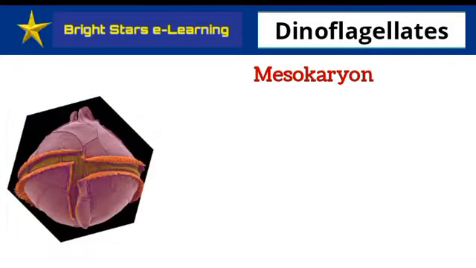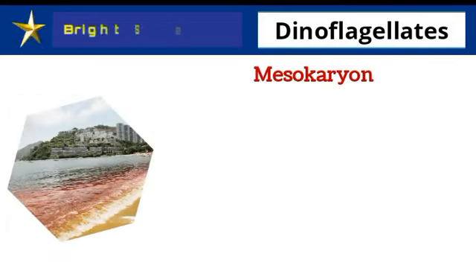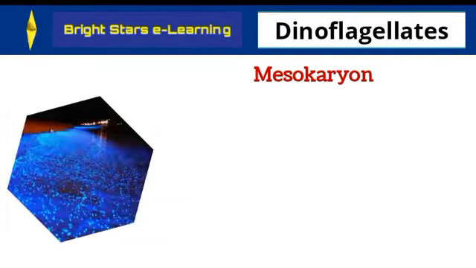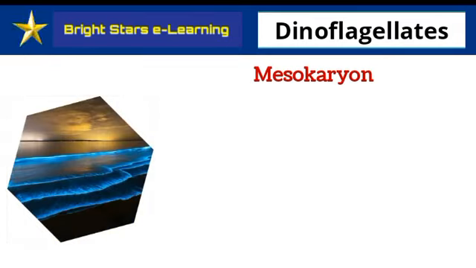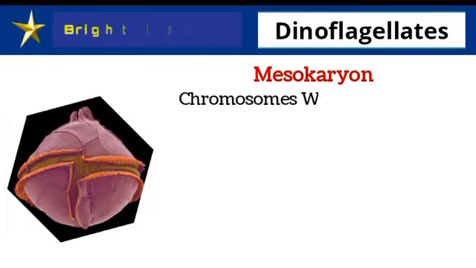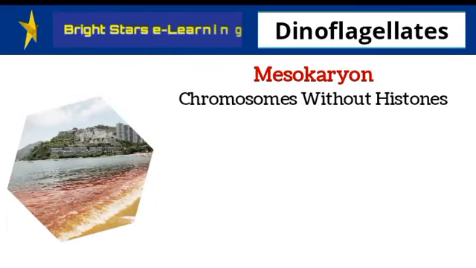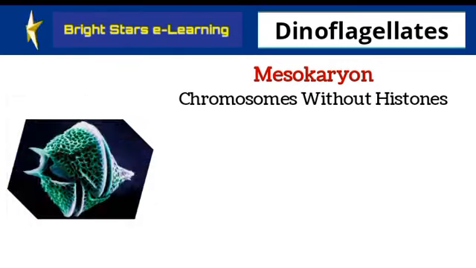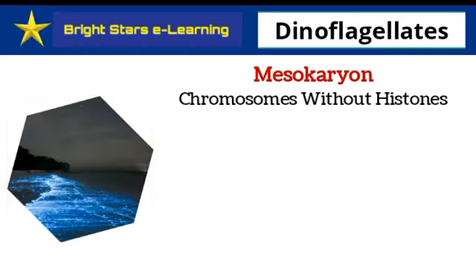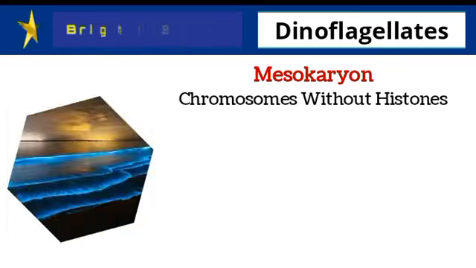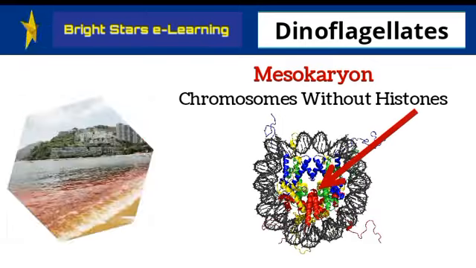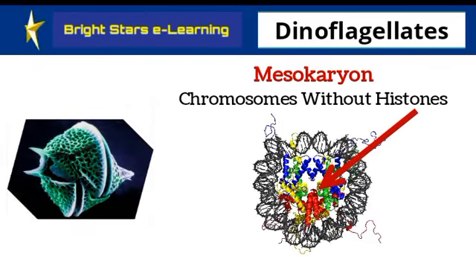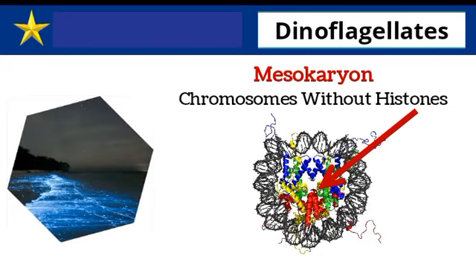Mesokaryon. Meso means middle, karyon means nucleus. A nucleus which has the features of both prokaryotic organisms and eukaryotic organisms is called mesokaryon, and those organisms are mesokaryotes. Here the nuclear membrane is present, but histones are absent. Proteins which bind DNA in higher organisms are called histones.